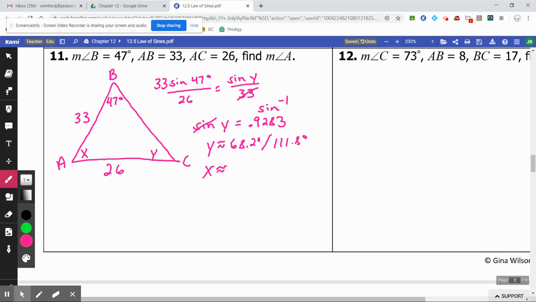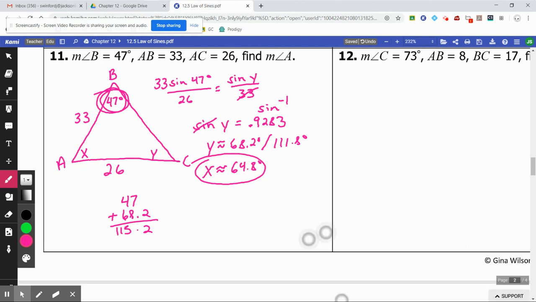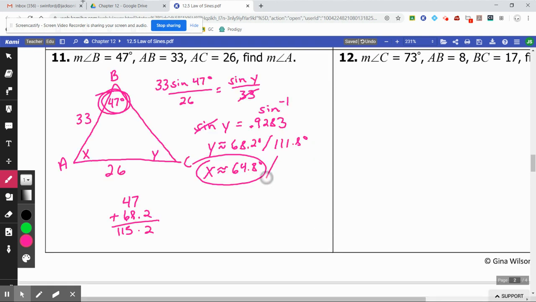And here's how we're going to do it. Angle B is 47 degrees. If I were to add 47 plus that 68.2, that gives me 115.2. So if those two add up to 115.2, that leaves me with 64.8 degrees for this x value. There's one of my answers. Or I have another answer.